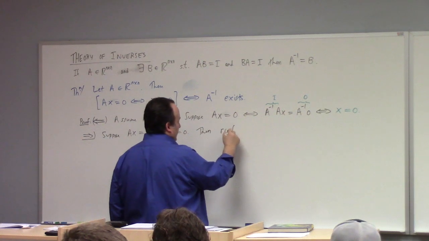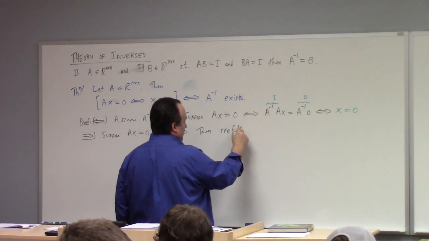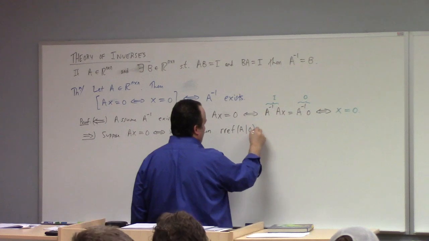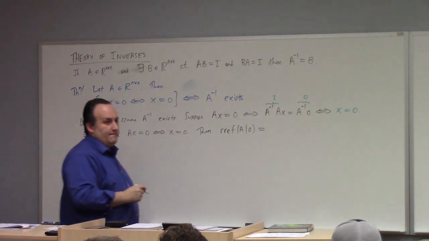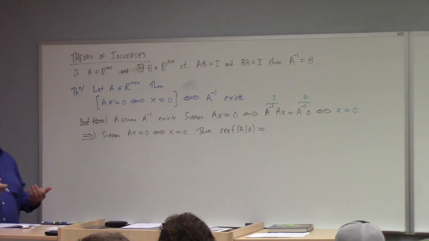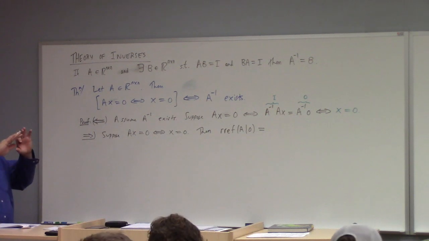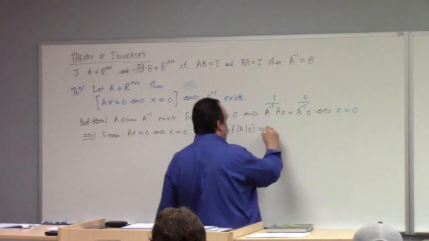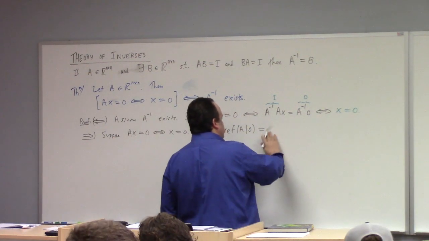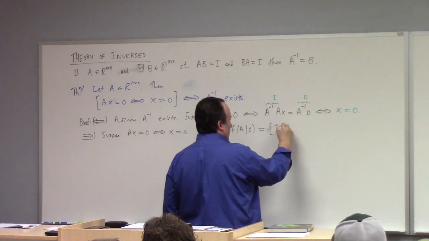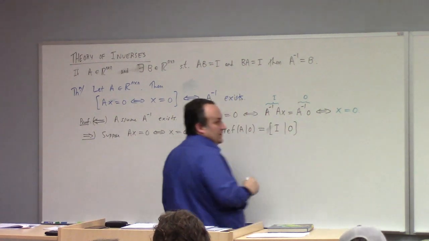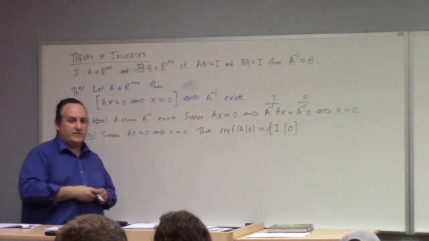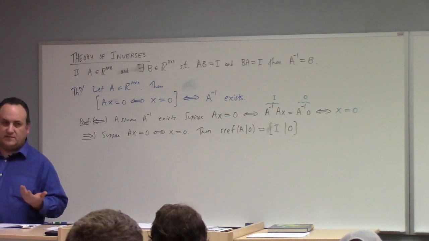The reduced echelon form of A with 0 slapped onto it has to be what? What does it mean to say 0 is the only solution? It means when we do the reduction, we have to get what? 1's down the diagonal and 0, right? Because that's what it means to have the 0 solution and only the 0 solution.